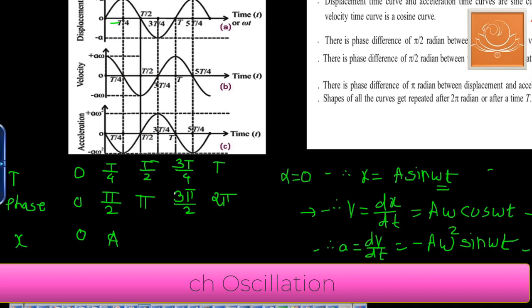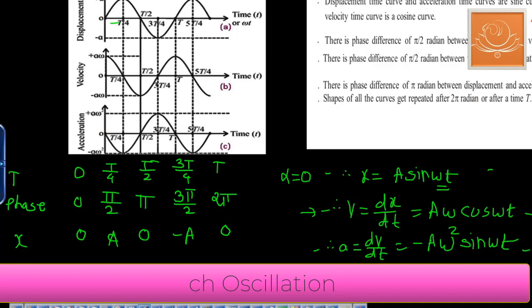When omega t equal to pi by 2, x equal to plus A. When phase equal to pi, sine of pi equal to 0, the displacement is 0. When phase equal to 3 pi by 2, x becomes minus A because sine of 3 pi by 2 is equal to minus 1. And at phase equal to 2 pi, it is equal to 0.